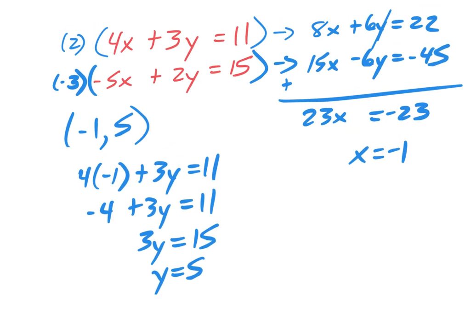And that would be our ordered pair. Just remember, if I did choose to graph this one, which I probably wouldn't, that's the point where it would cross. You'd have two linear equations and it would cross at -1, 5.